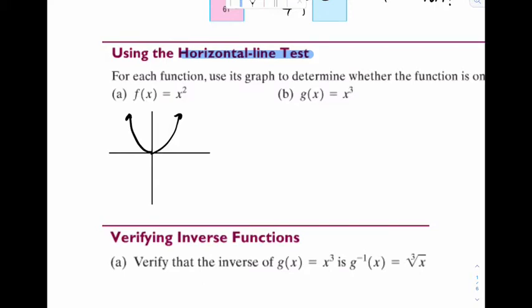The vertical line test will test if it's a function. The horizontal line test will test if it's one-to-one. So I can see right here, it hits it in two places, so this fails the horizontal line test. Meaning it is not one-to-one.